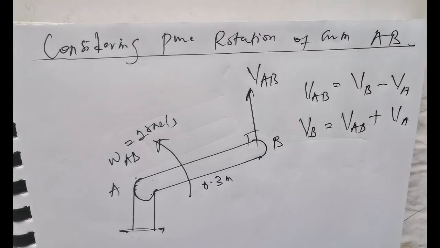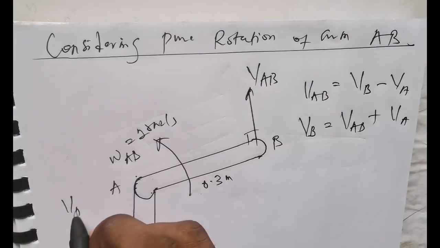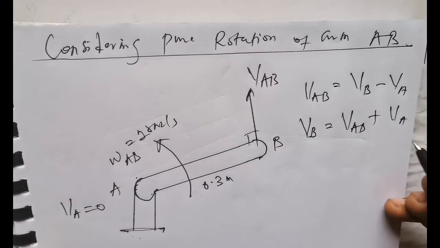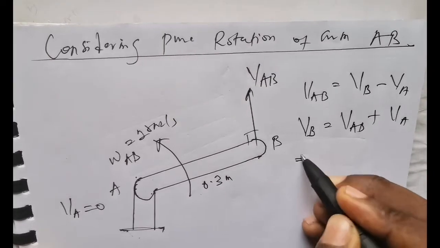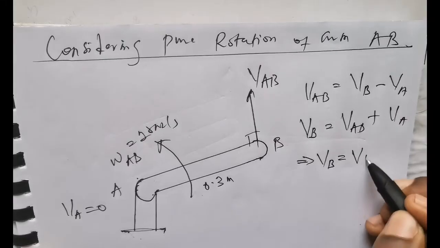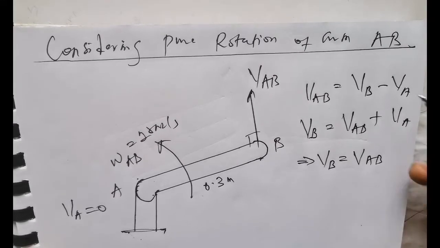Now, like I said, when analyzing motion of rigid bodies, you always start from the fixed point. Since point A is fixed, it means that velocity at point A is equal to 0. Since that point is fixed, then VA is 0. So this simply implies that VB is actually equal to the relative speed VAB, since VA is 0.